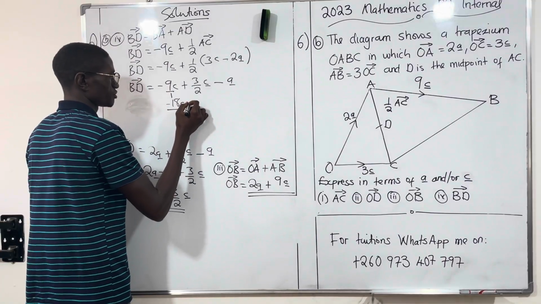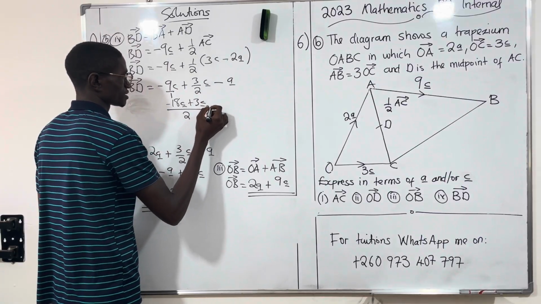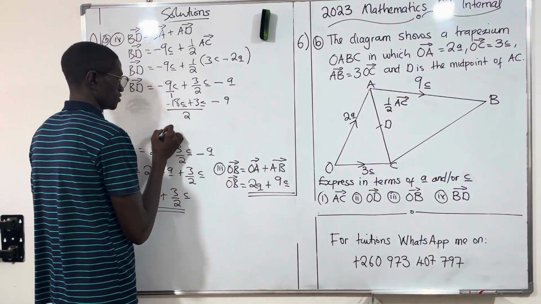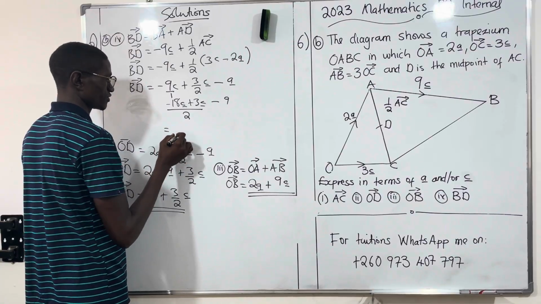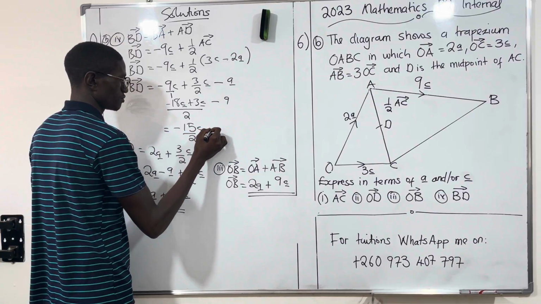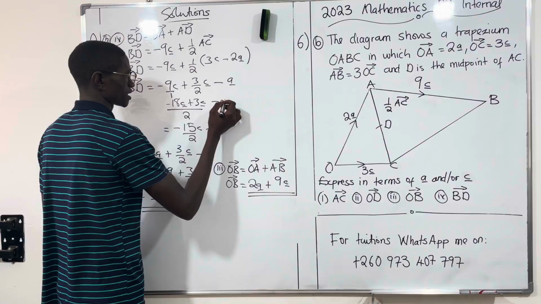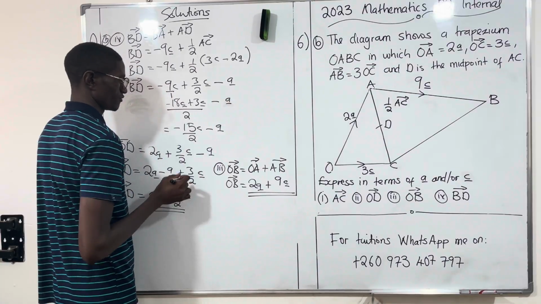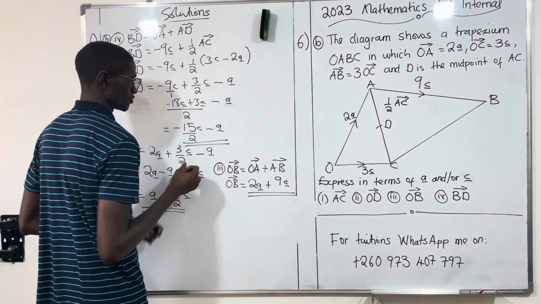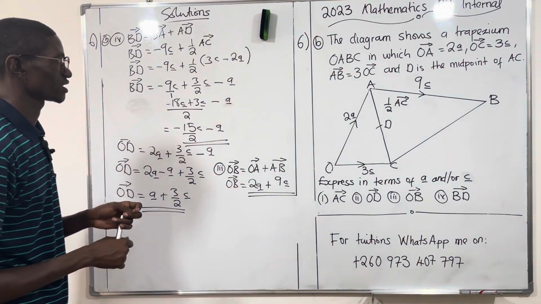Vector C, we bring down that sign. 2 divided by 2 is 1. 1 times 3C is still vector C minus A, which is going to give us, when we simplify, negative 15 vector C over 2 minus vector A. So let us write this one properly. It looks like a 9. Okay, vector A. So this will be our final answer because you cannot simplify it any further than that.